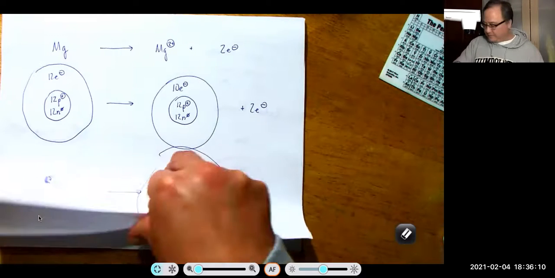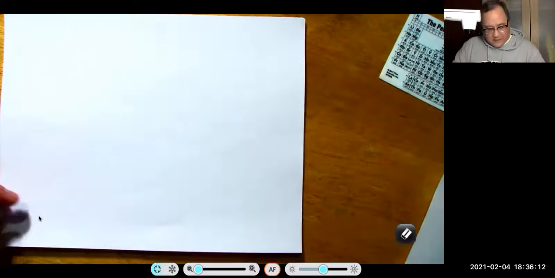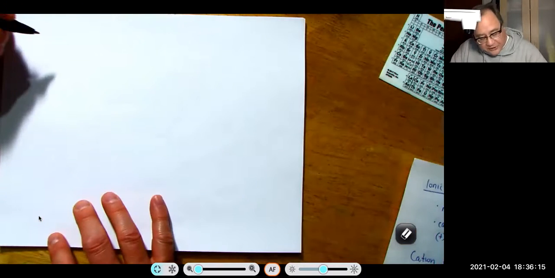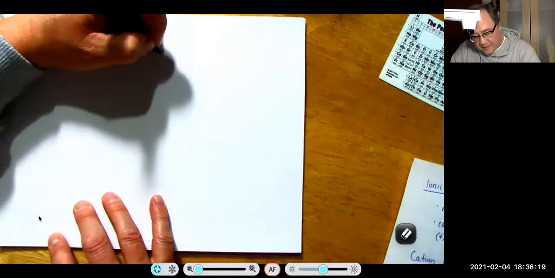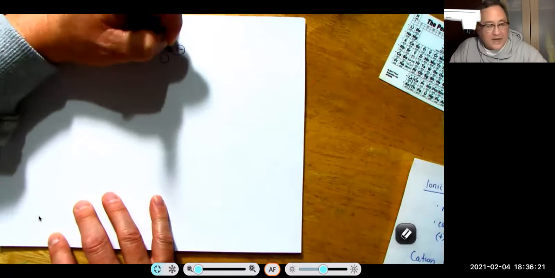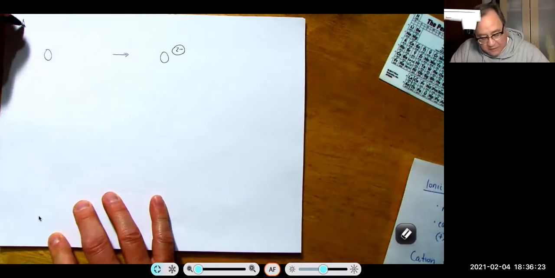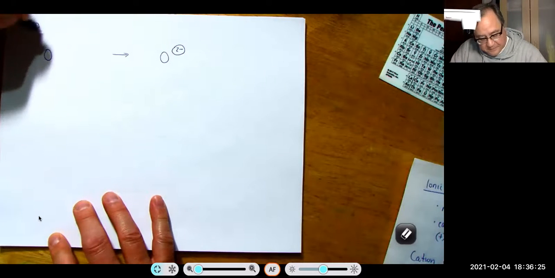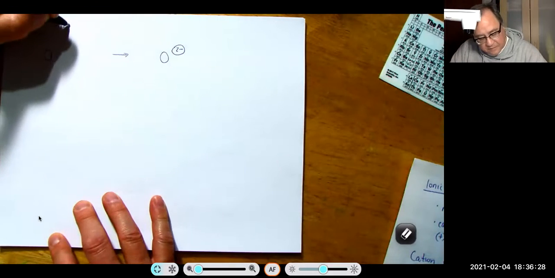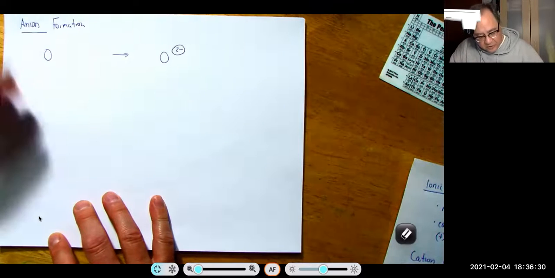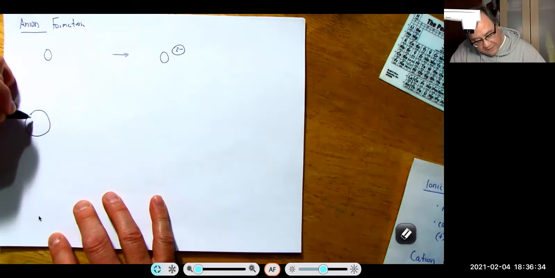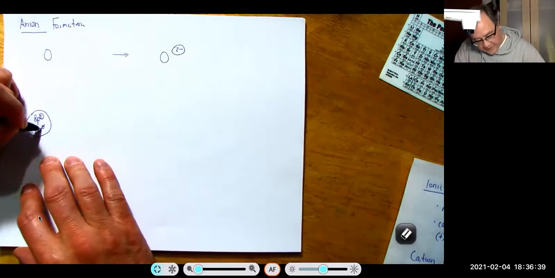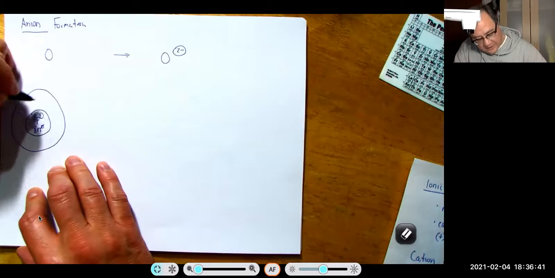Okay, so what can happen with oxygen is that oxygen can become an anion. So now we're looking at anion formation. So with an oxygen, if I draw it out, most oxygens have 8 protons and 8 neutrons and 8 electrons.